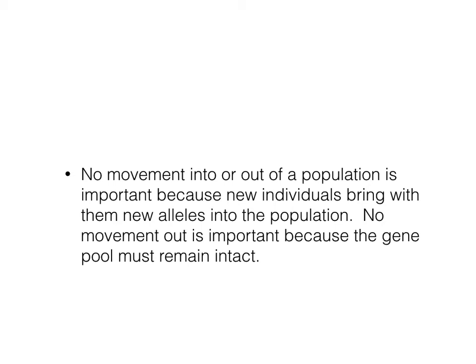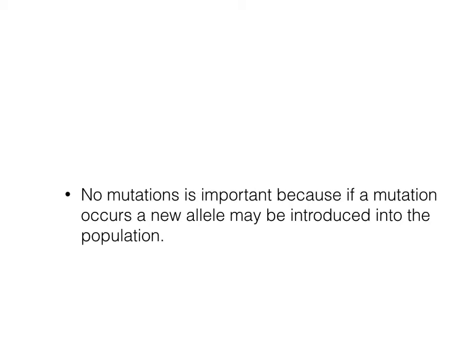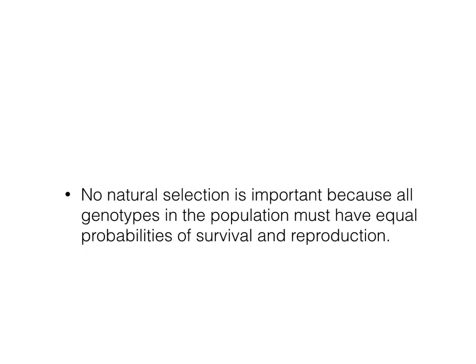And no mutations, because if a mutation occurs, a new allele may be introduced into the population. And finally, for Hardy-Weinberg equilibrium to occur, no natural selection, because they all must have an equal chance.